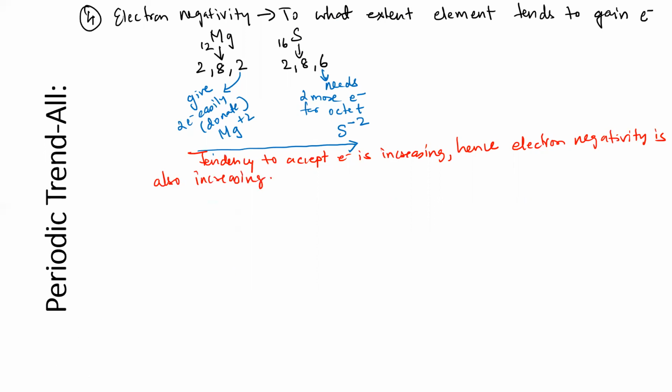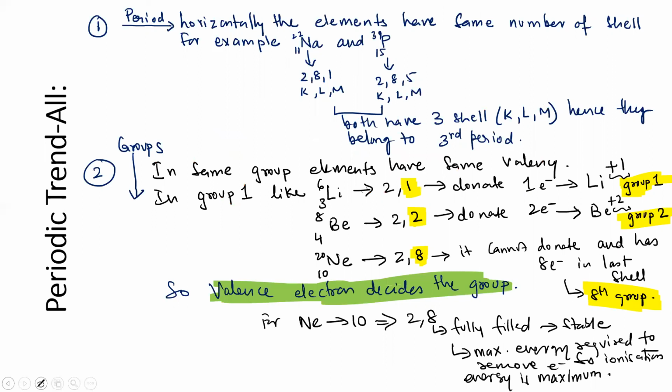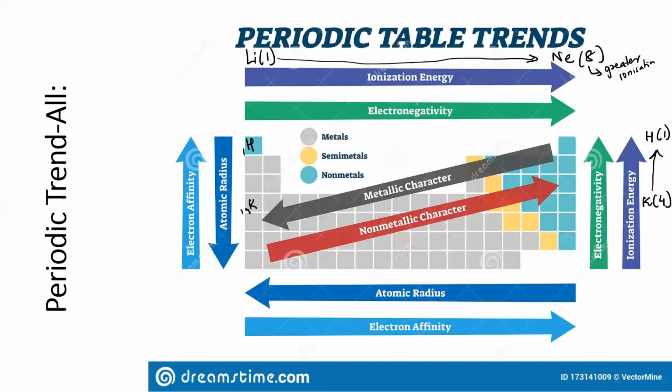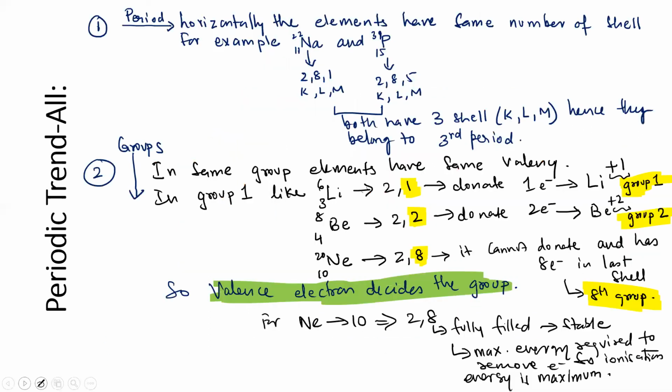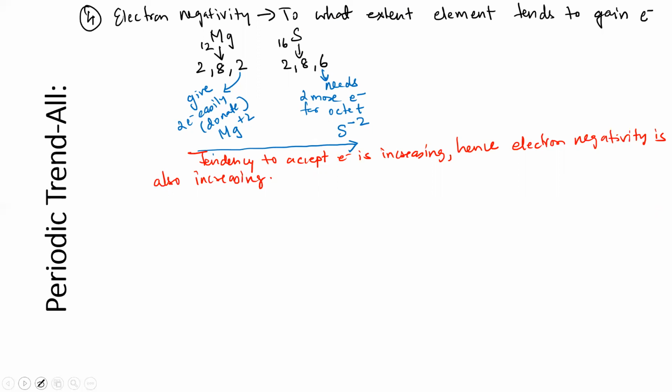And that is why if you look at that chart, electronegativity is increasing this side, just like the magnesium and sulfur example we saw just now.